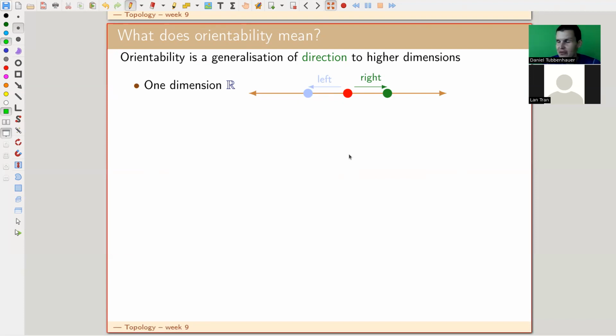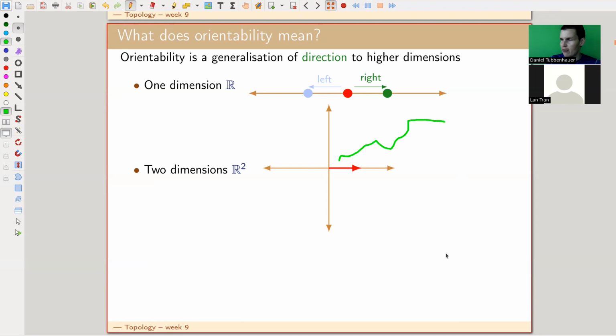So that's what you can do in one dimension. There's not much you can do in one dimension. Sometimes I think it's really lucky that we don't live in one dimension. One dimension would be a little bit boring, I guess. Anyway, we want to generalize this to higher dimensions, but in a not quite straightforward way. We'll see that there's actually a natural generalization, but it's not about the walking directions, because that would be dimension itself.